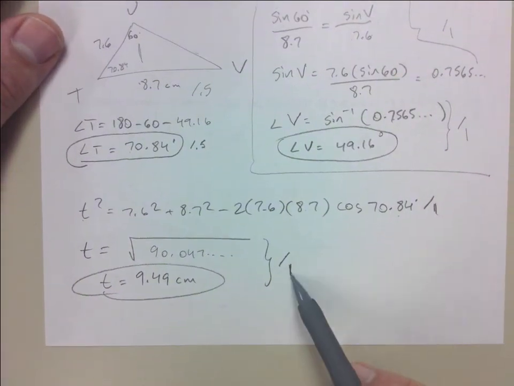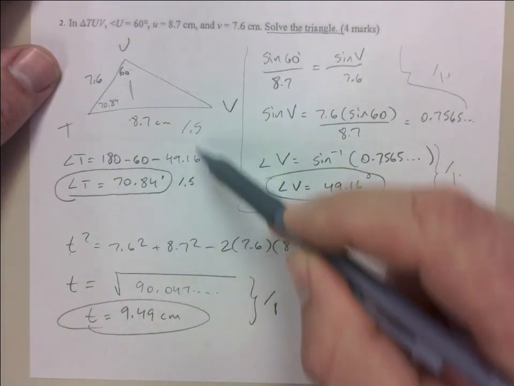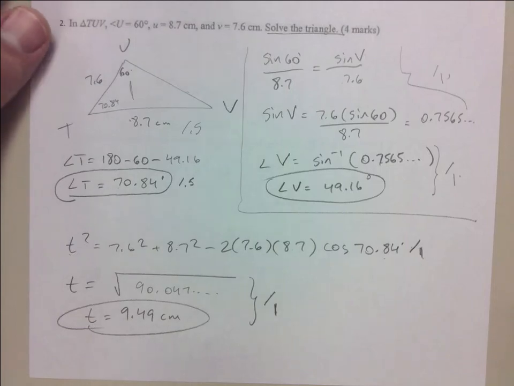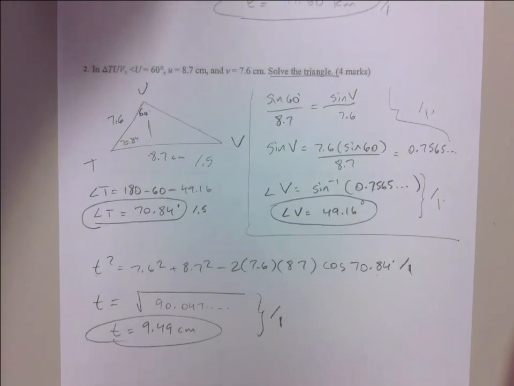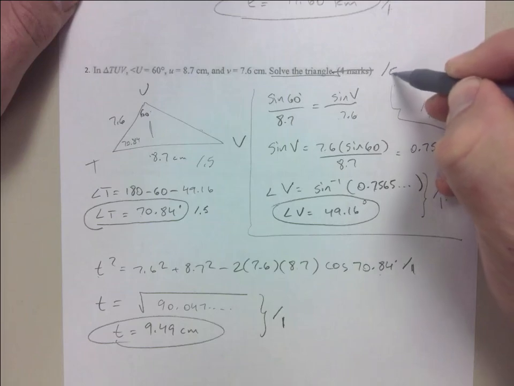So you've got 1, 2, 3, 4, 5. But the 2 halves, half for the diagram, half for the missing angle. So this whole thing, instead of out of 4, I'm going to zoom out here a bit. We're just going to cross this out and say it's out of 5.